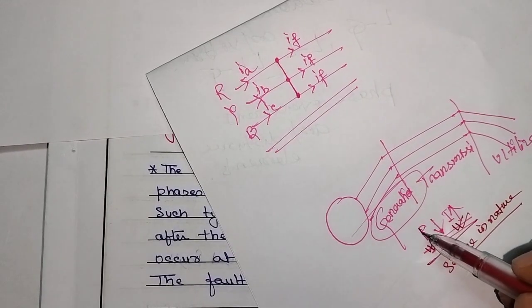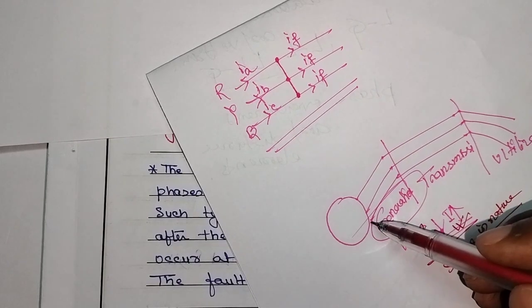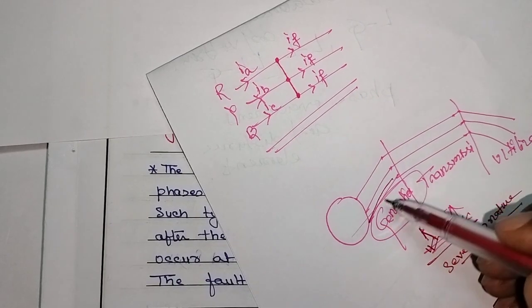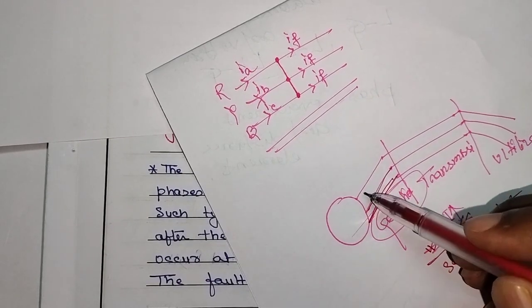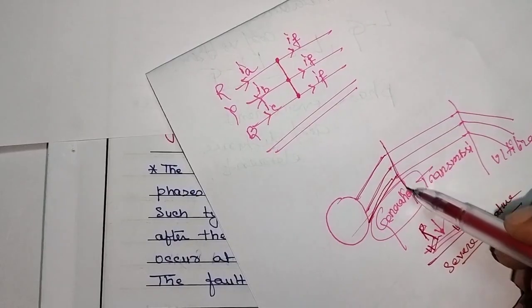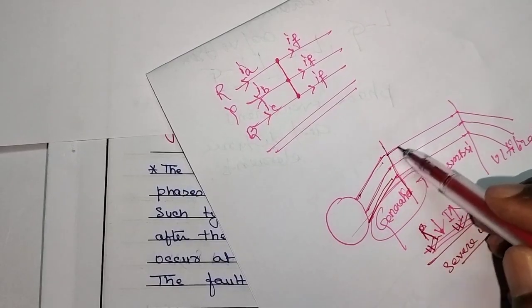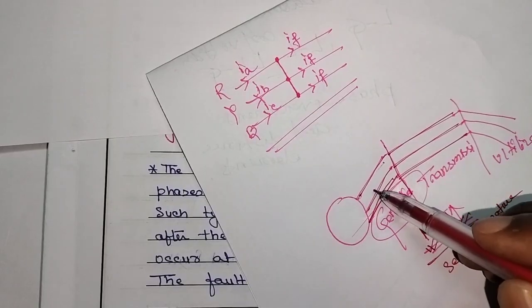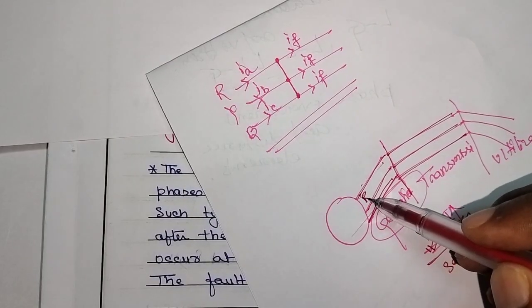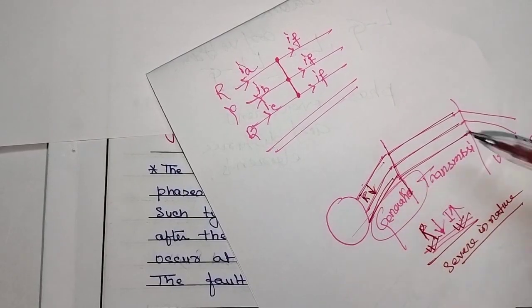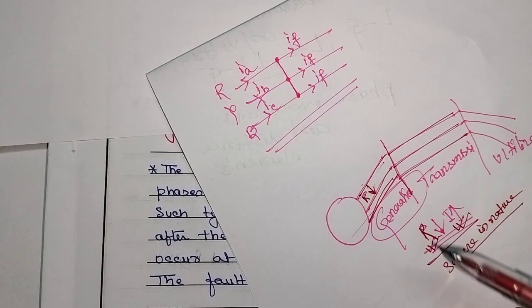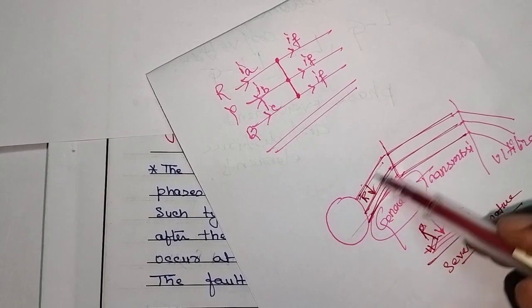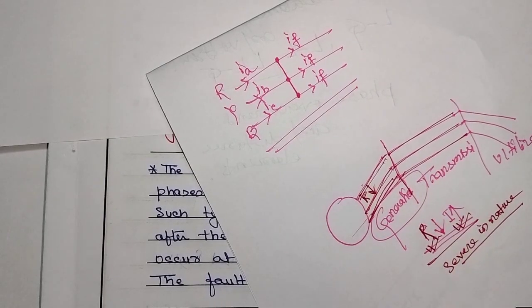Why is resistance lower? Because the power has only passed to this side, not even been transmitted. So at this point the resistance will be lower, and if resistance is lower, the current will be higher. So whenever the fault occurs at this point, it will be very severe in nature.